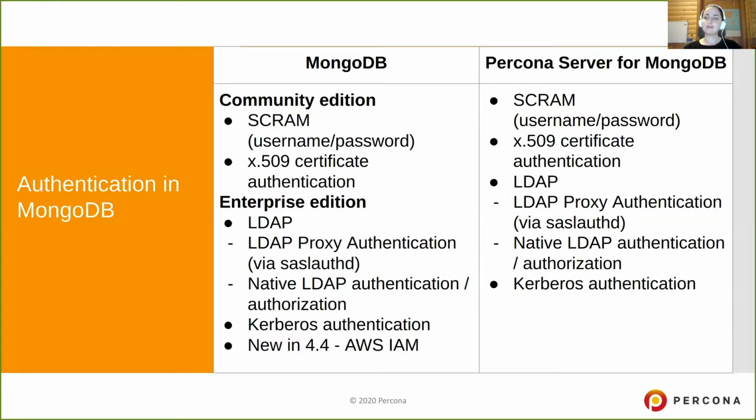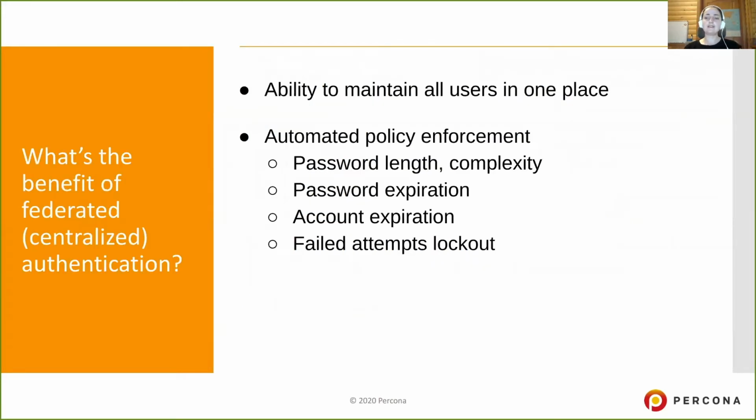So you may wonder, why use LDAP or Kerberos if there is a default authentication mechanism and you could just use username and password? There is no problem with that, but you will get a list of benefits if you switch to new methods. The first one is the ability to maintain all users in one place.